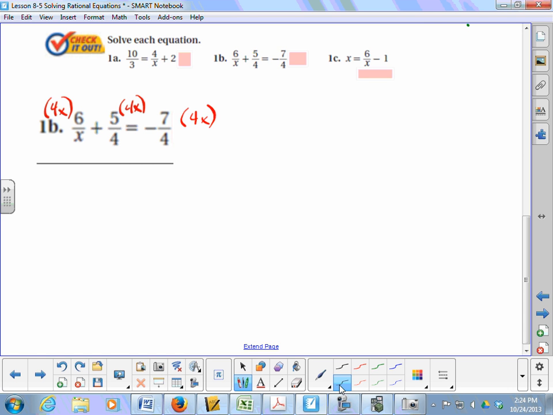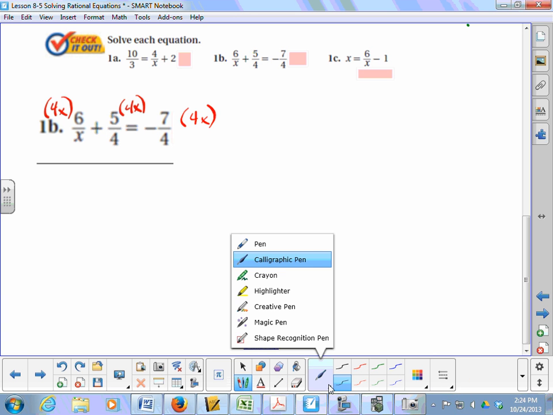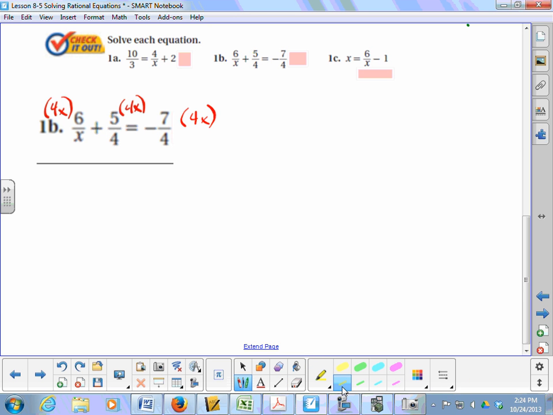So the nice thing about multiplying by the least common denominator is it allows me to cancel things out. So I've got x here, I can cancel those out. 4 here and a 4 here. 4 here and a 4 there. It allows me to get rid of all of the denominators.